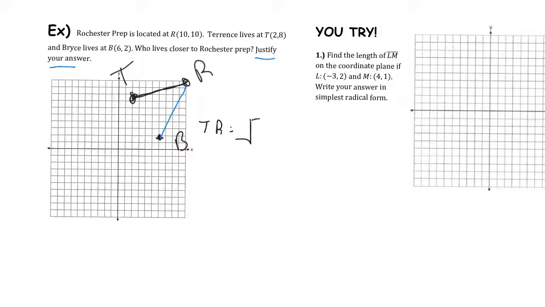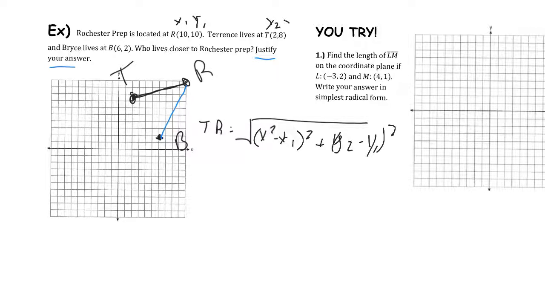And the distance formula is the square root of x2 minus x1 squared plus y2 minus y1 squared. Now, a helpful thing to do here is annotate Rochester x1, y1 and Terrence x2, y2.